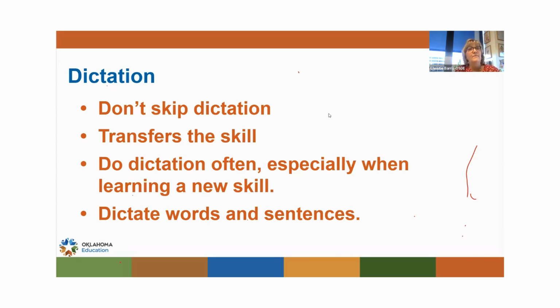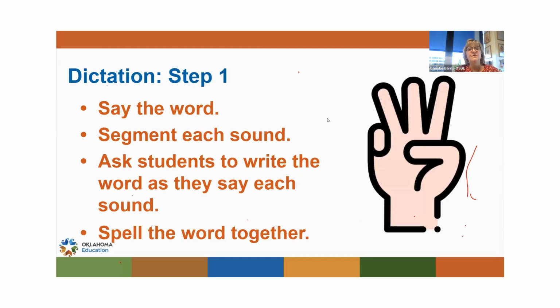A lot of the programs like Reading Horizons, Saxon Phonics, Standard SLB, I can't remember what it stands for, by Payne, all of those programs are based on that same kind of research. So there are steps to it. We're going to say the word, get the sounds, and then write it as they say the sounds.